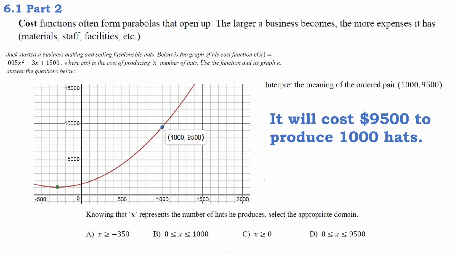Okay. So knowing that x represents the number of hats he produces, select the appropriate domain. So we're looking at domain, right? Domain is dealing with your x-axis. So with your domain, can you produce a negative amount of hats? No. Can you produce an infinite amount of hats?